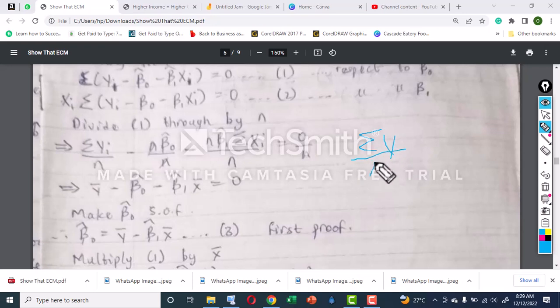Why do we say that? Because summation yi tells us the sum of all the observations you are given, then divided by the total number of observations. That's the definition of mean. So if you have observations 2, 3, and 5, and they ask you to find the mean, you just sum 2 plus 3 plus 5 divided by the total number, that's 3.